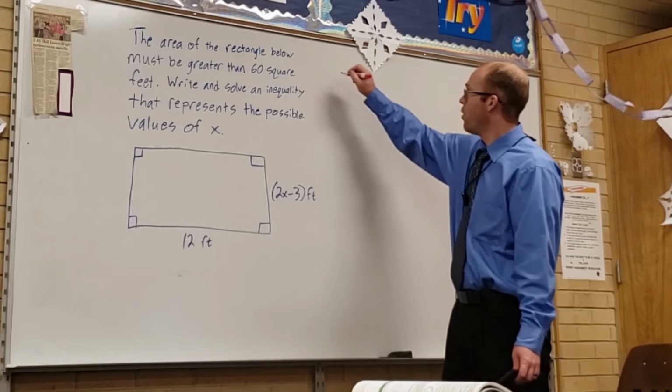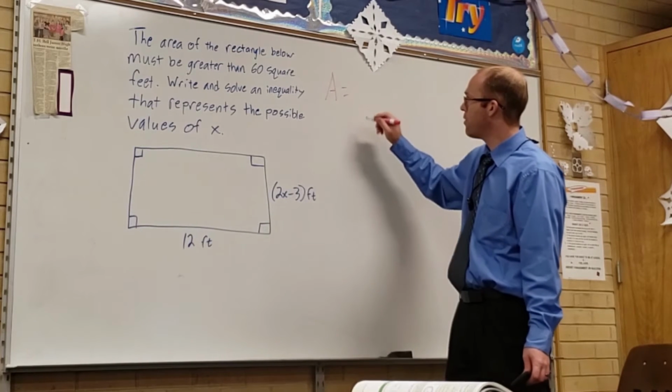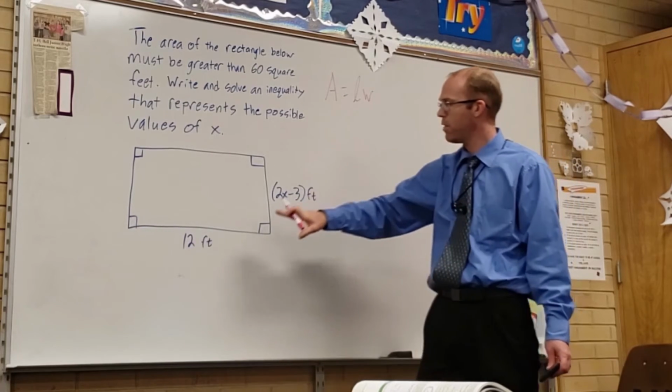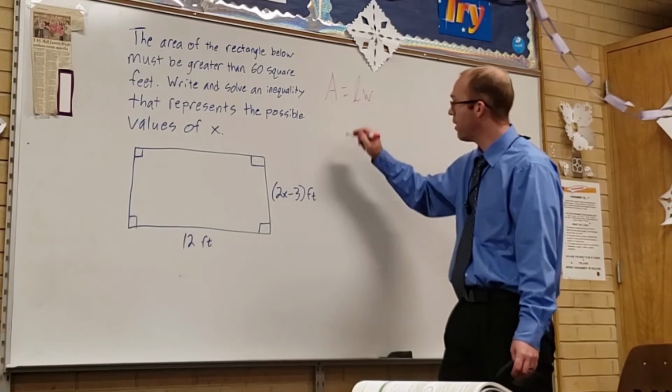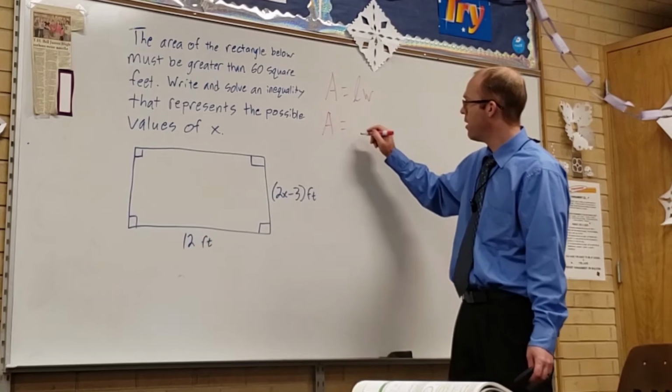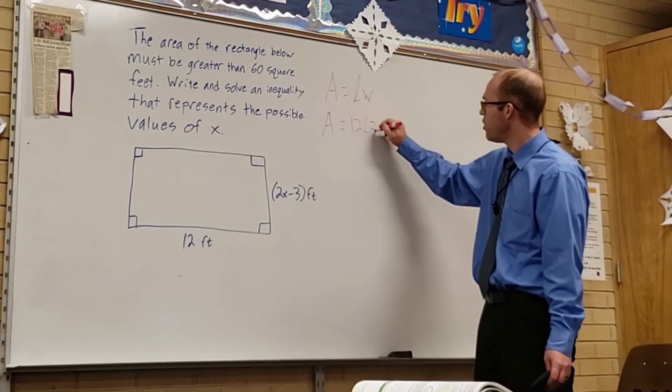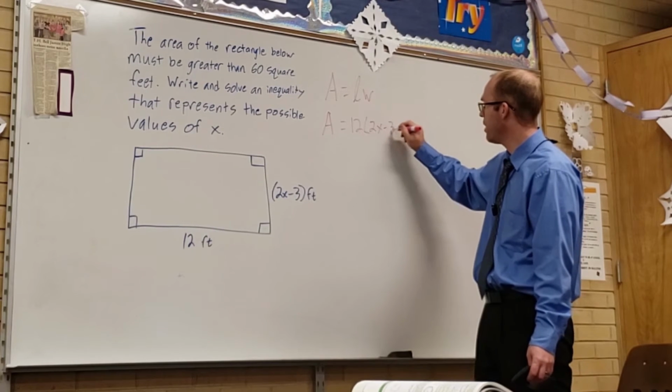If we make this bigger or smaller, it's going to affect the length of this side and therefore affect the area. So we know that the area of a rectangle is length times width, and we're given some values for length and width. We have this 12 here. I'm going to use that for the length, so we get 12 times, and we'll use this for our width, 2x minus 3.